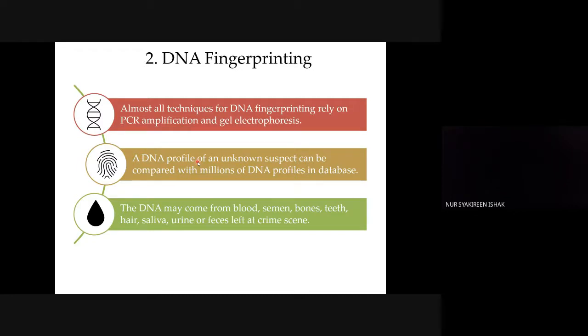So sama ke tak? So kalau sama, maksudnya tu adalah anak dia. Kalau tak sama, so bukanlah, contohnya. Okay. So DNA may come from blood, semen, kan, bones, teeth, hair, saliva, urine, or feces left at crime scene.